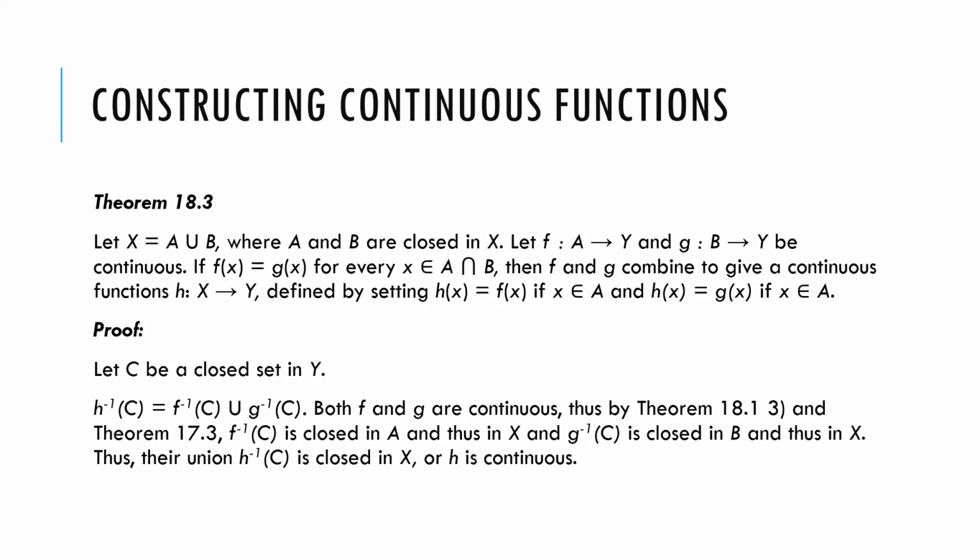I'm just looking through my notes to state exactly what the theorem said. It says that for every closed set B of Y, the inverse image of B is closed in X, and this is equivalent to the statement that F is continuous.